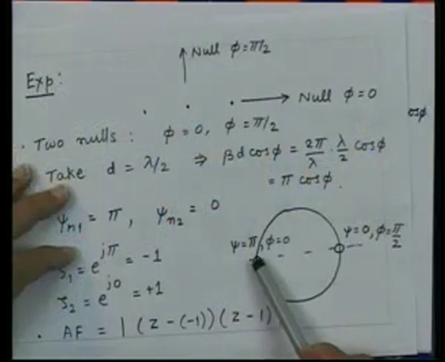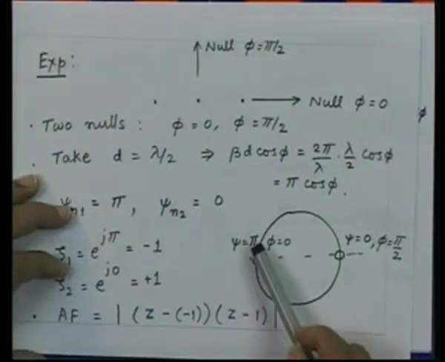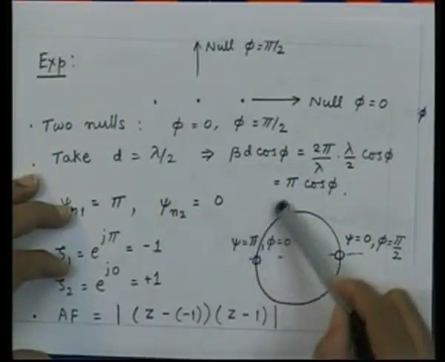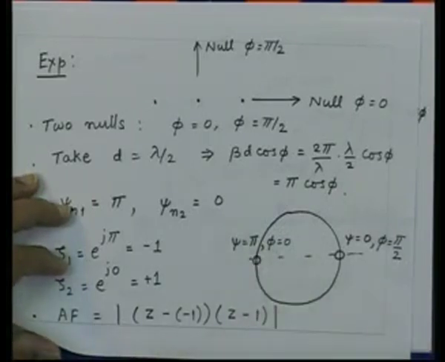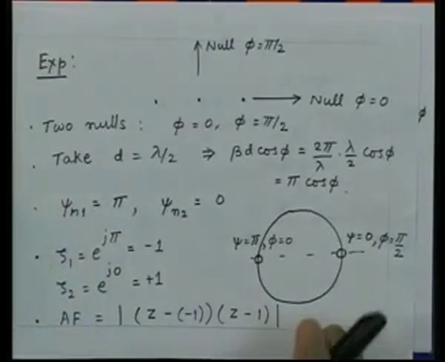If we did not want null to come in this direction, then we could have taken the spacing between the elements smaller than lambda by 2, and then this point will not correspond to phi equal to 0 and pi. The visible range will get shortened and the 2 points will not coincide, and then we can make sure that only one null exists in the radiation pattern.